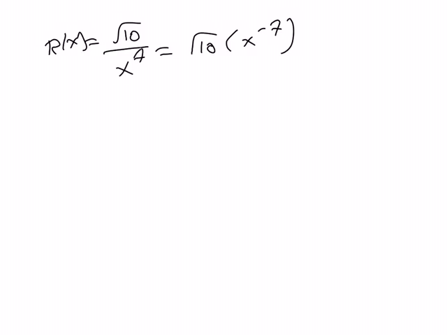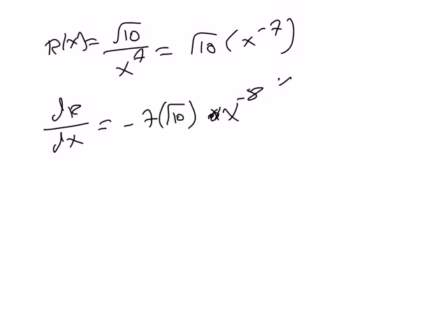So now if we take dr over dx, this is going to give us negative 7 square root of 10 times x to the negative 8, right?